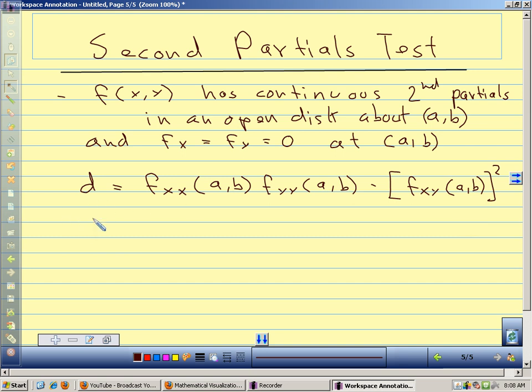We have four conditions for our second partials test. One, if D is greater than 0 and f sub xx is greater than 0, then f of (a, b) is a relative minimum.